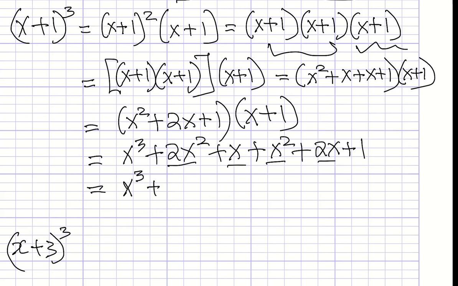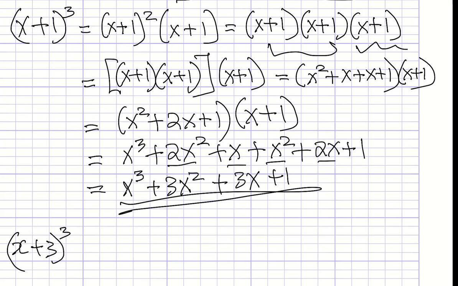Okay. So you have x raised to the power 3, and then you combine. That's 3x raised to the power 2 plus 3x plus 1. No, did I drop? No, that's good. I think that's all we're looking for there.